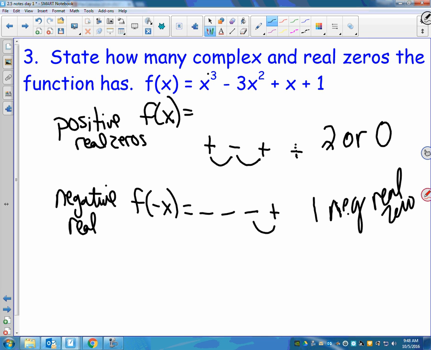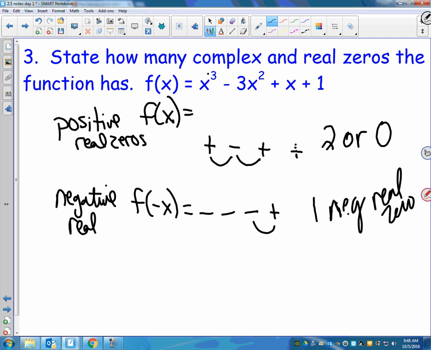We also know that, how many total zeros is this function going to have? 3 or 1. So what does the fundamental theorem of algebra say? How many zeros does a function of degree n have to have? Look at the front page of your notes.